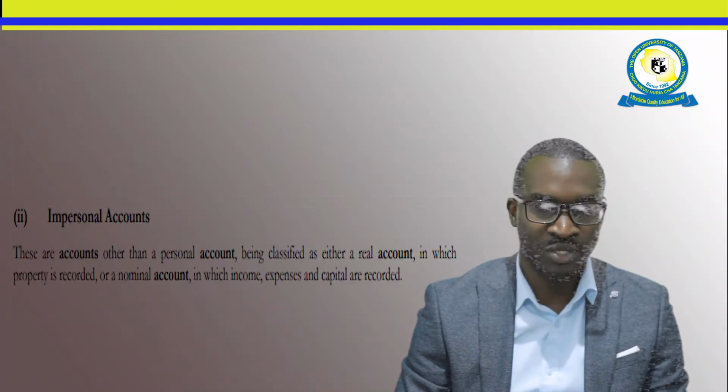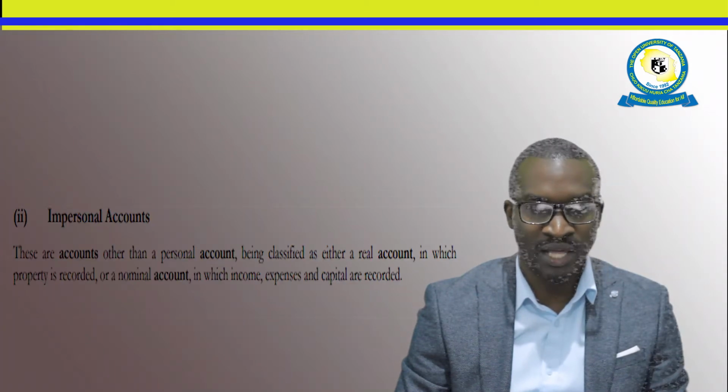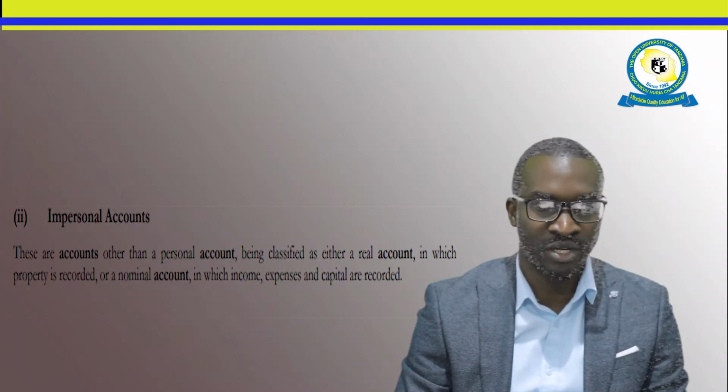Okay. And another classification here, we have the impersonal account. Now, what do we mean by impersonal account? These are the accounts other than the personal accounts, those that have been classified as either real accounts or nominal accounts. The real account is the account in which property or assets are recorded; most of the property falls under the assets category.